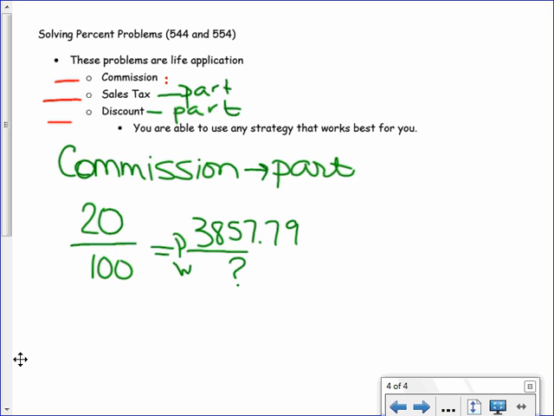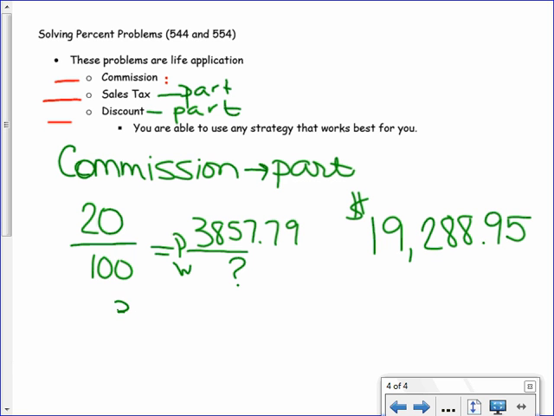So to solve this, we're going to multiply $3,857.79 times 100, and then divide it by 20, and we should get, looks like I got $19,288.95.